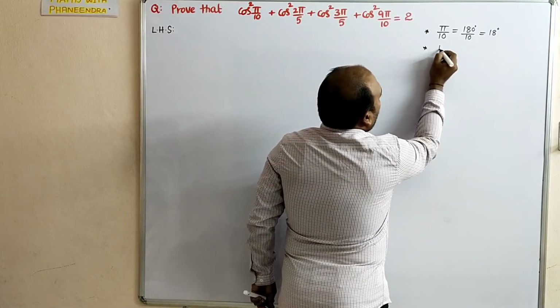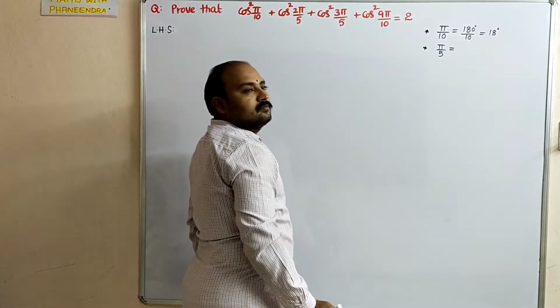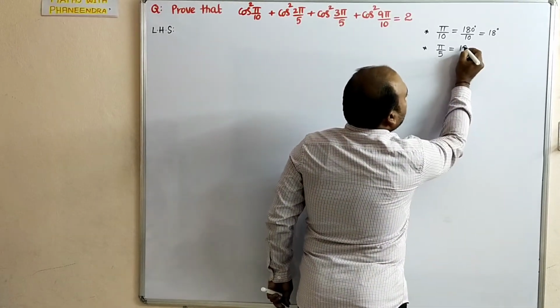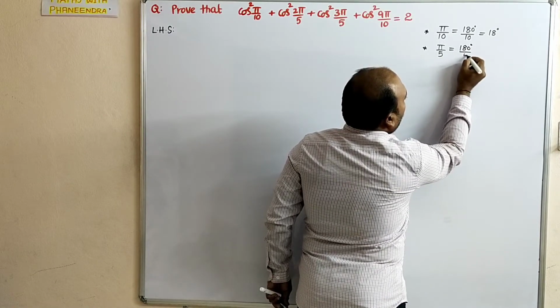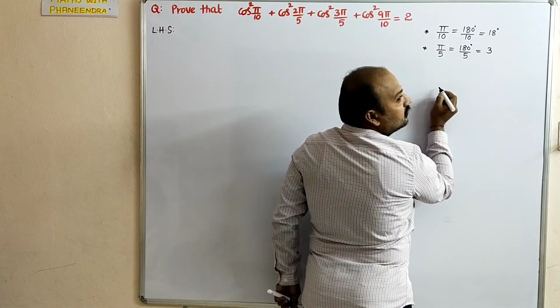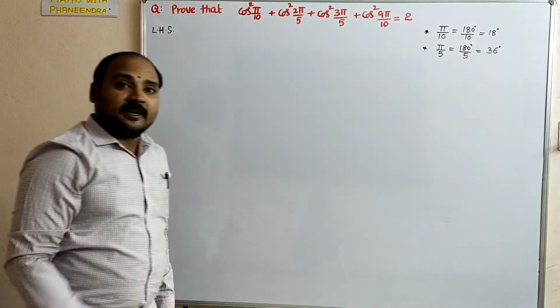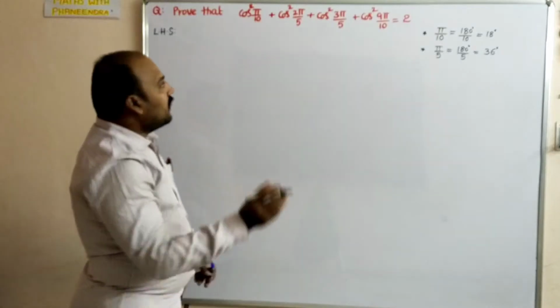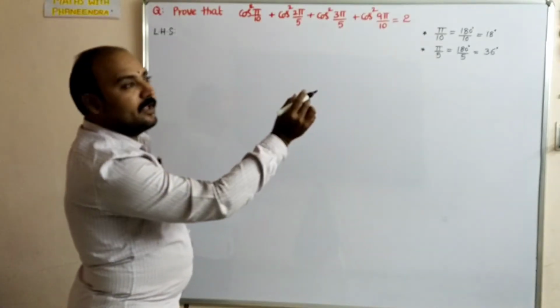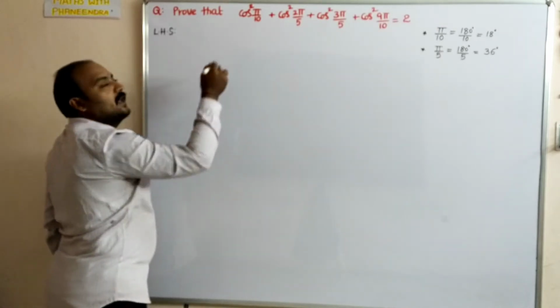Second one, pi by 5. So 180 degrees divided by 5. 5 3s are 15, 5 6s are 30. So 36 degrees. Now wherever pi by 10 is there, 18 degrees, and pi by 5 is there, 36 degrees, we have to replace in the LHS.